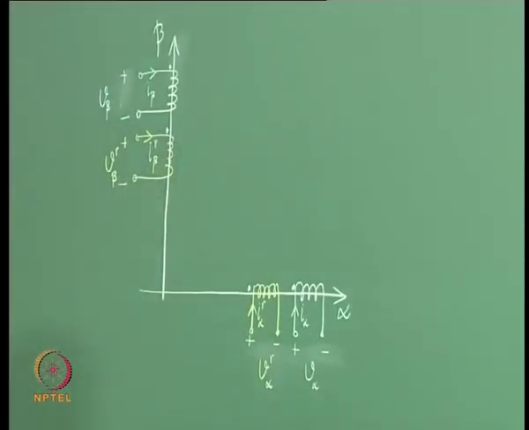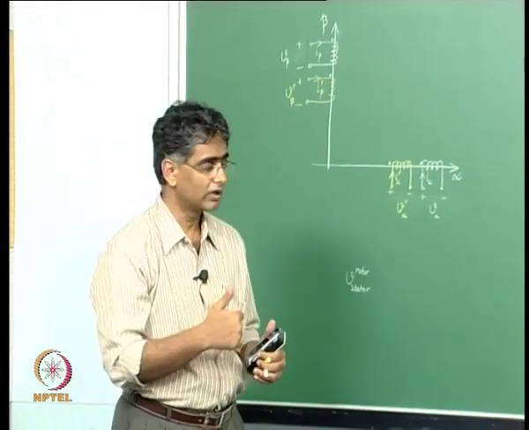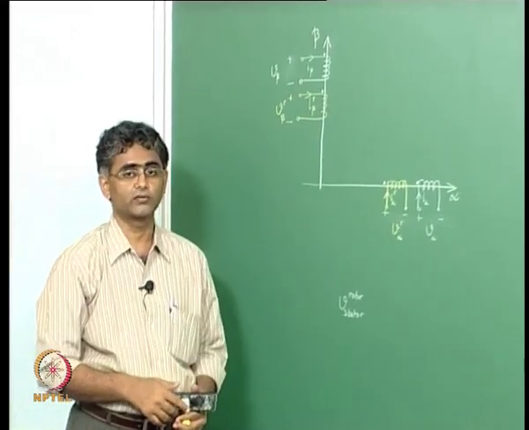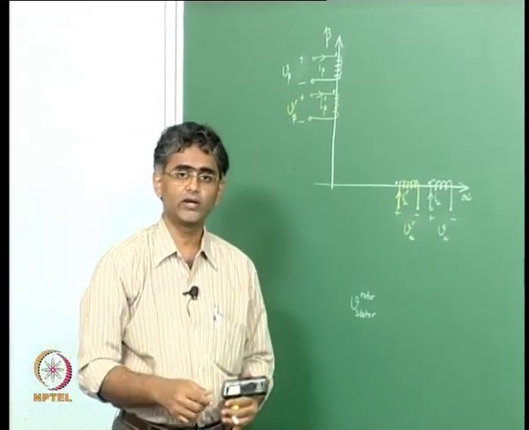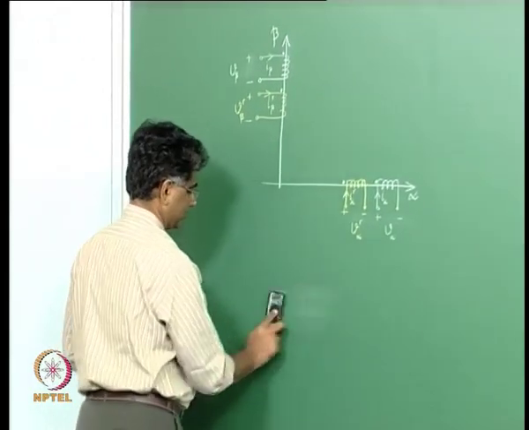So for this kind of arrangement we had evolved starting from a 3-phase induction machine. We had transformed the 3-phase to 2-phase, both the stator and rotor, and then the 2-phase of the rotor was transformed to the stationary reference frame, and we arrived at a machine description which looks like this.